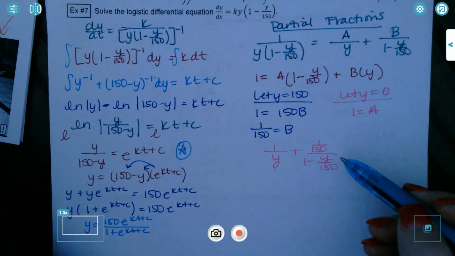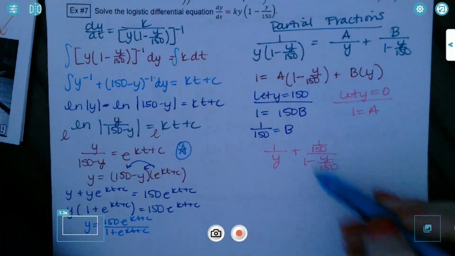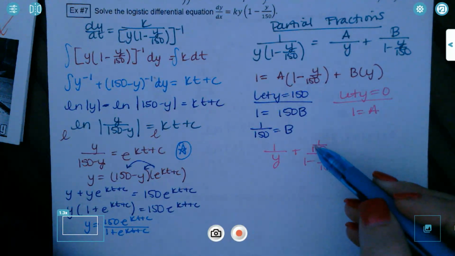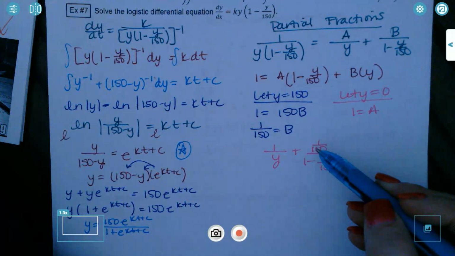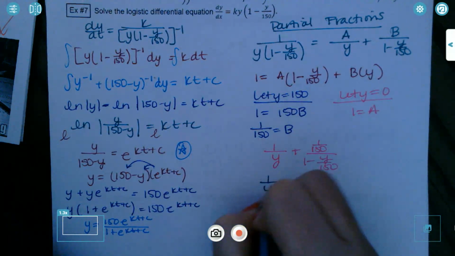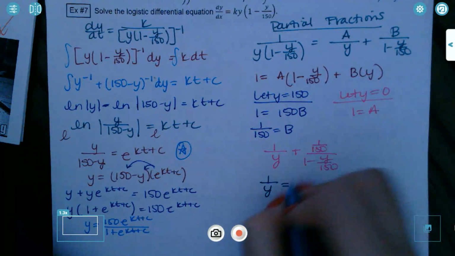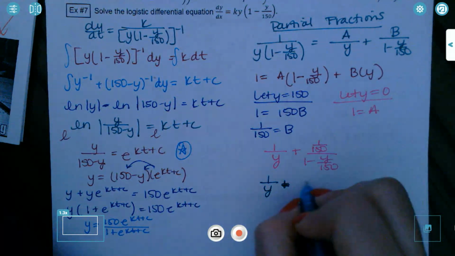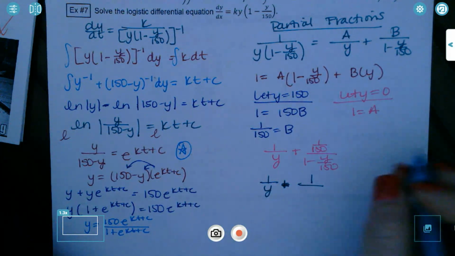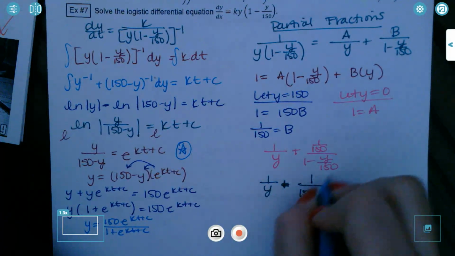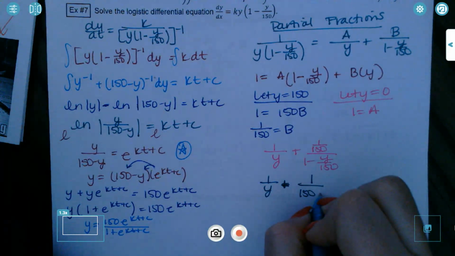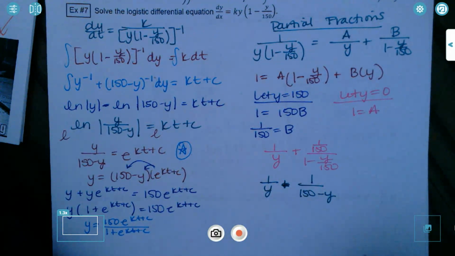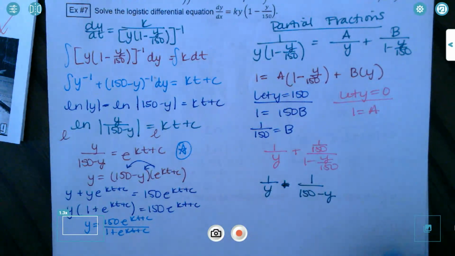If I multiply everything in this fraction by 150, then 150 over 150 would give me a 1, and 1 times 150 would give me 150 minus y. So now there is my partial fractions.